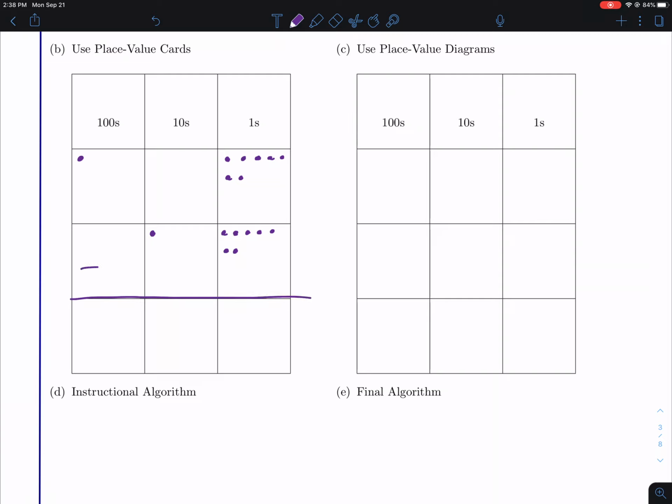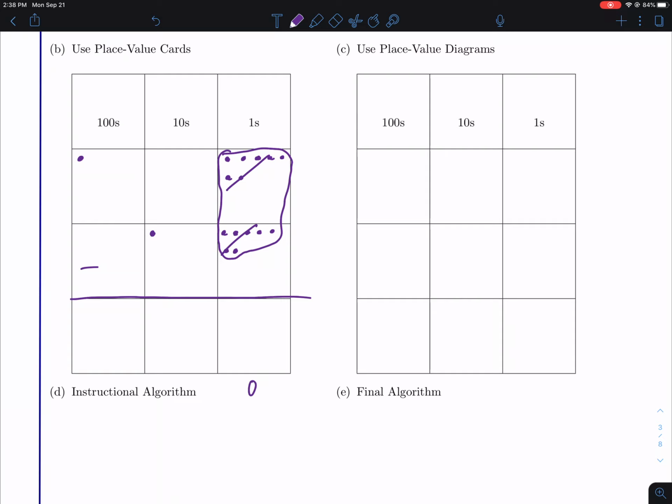So again, just like above, I can take all of these guys and they all match up. So I can just take all of those guys away. So that leaves me nothing in this last column. So I've got a 0 in that position. And so again, in this case, I'm trying to take 1 ten away from 0 tens. So again, this just isn't going to work.